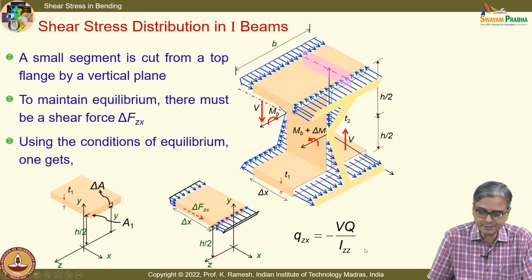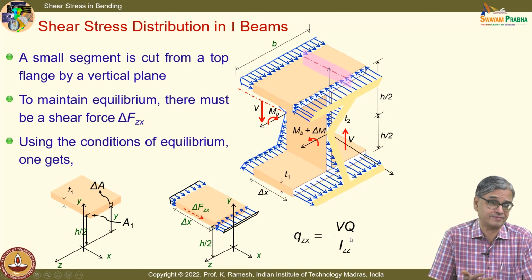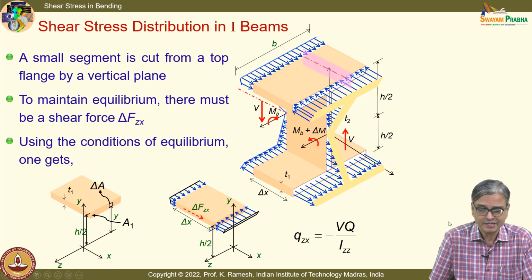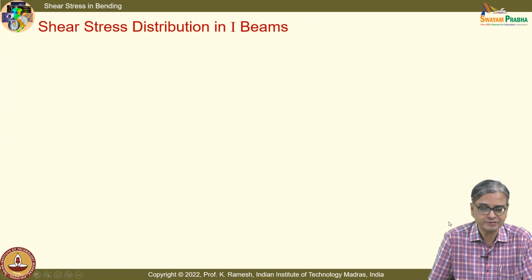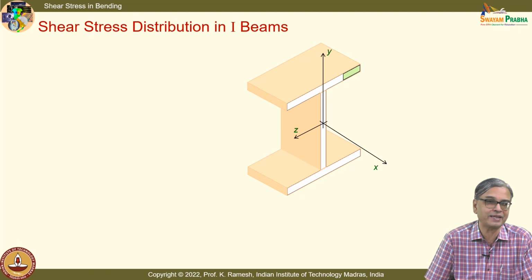So the basic expression looks very similar, but how does Q vary when I want to do it on the flange? Fine, I go to the flange, and when I pictorially represent Q, let me see how many of you can guess what is happening.